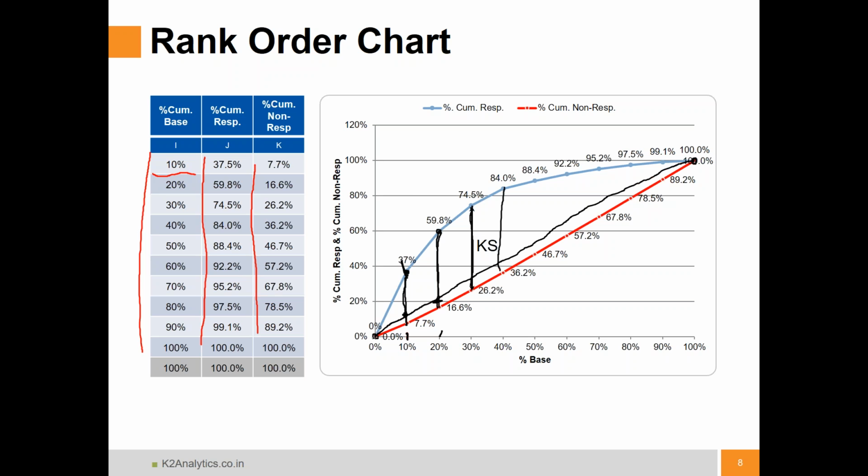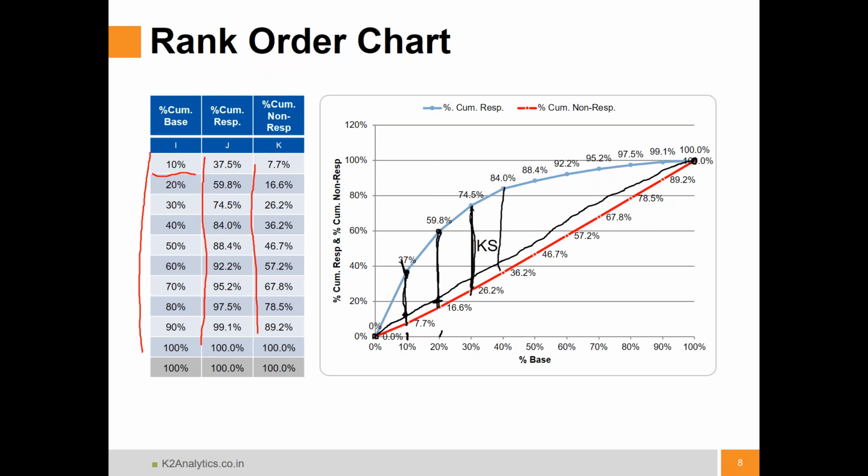So what is happening is, as you're doing cumulative and you're trying to see the difference between cumulative responders and non-responders, you will see that at a certain point this gap becomes maximum, and that is called KS statistics, Kolmogorov-Smirnov statistics.